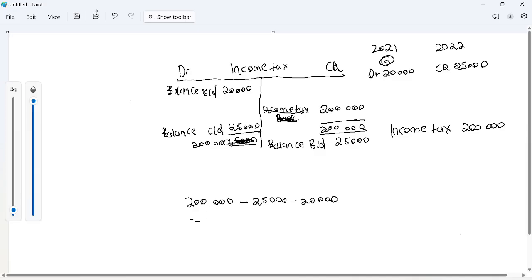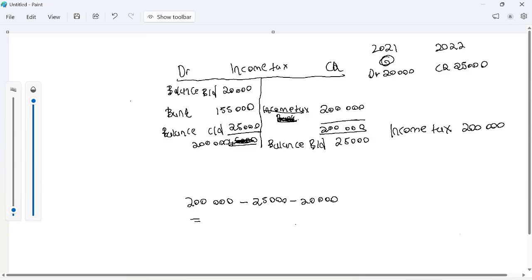So you're going to say 200,000 minus 25,000 minus 20,000. Therefore, you're going to write it as bank. So 155,000 is our income tax paid, right? So 155,000 is our income tax paid.